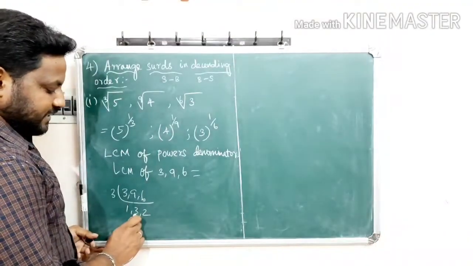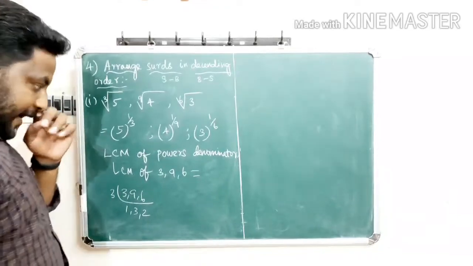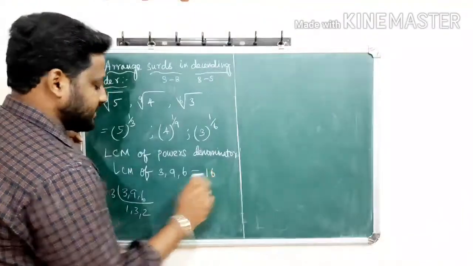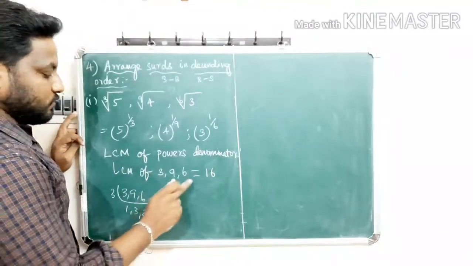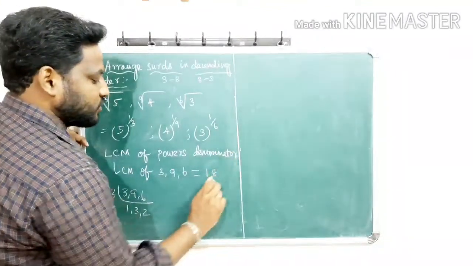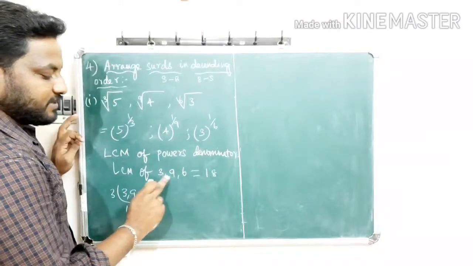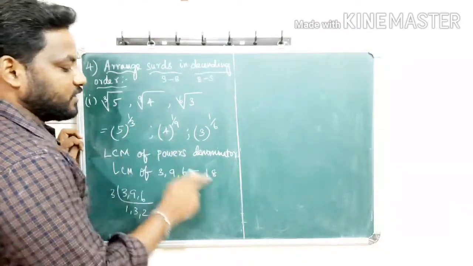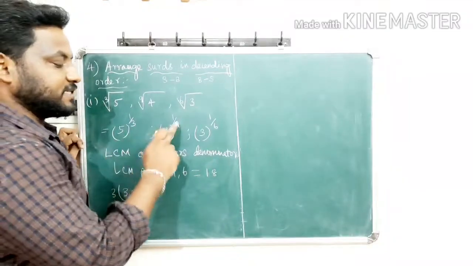So 2 threes are 6, and 6 threes are 18. So 18 is the common multiple, that is the least common multiple of 3, 9 and 6. So we have to change the power denominator into 18.